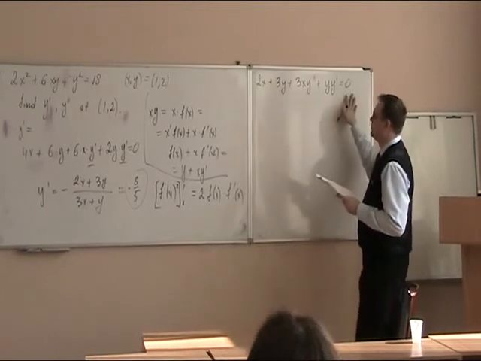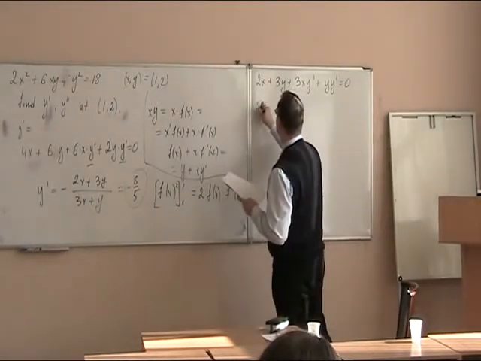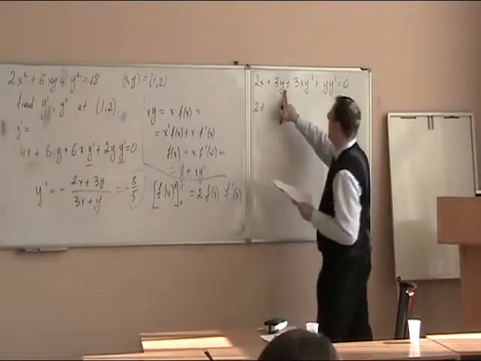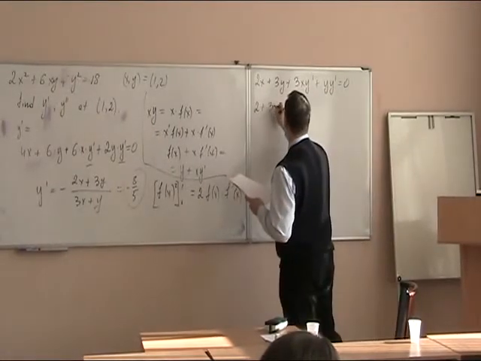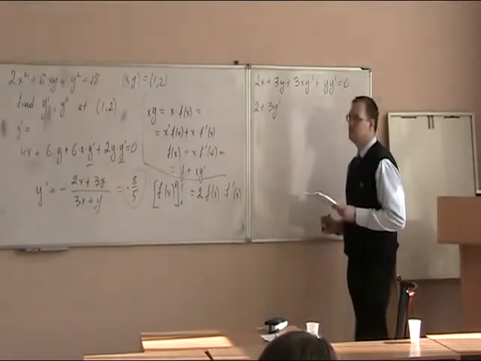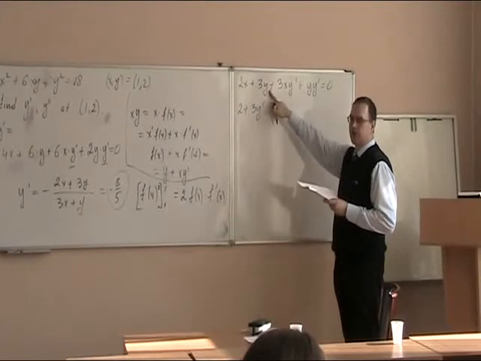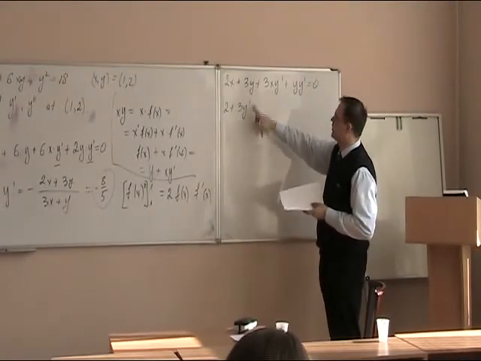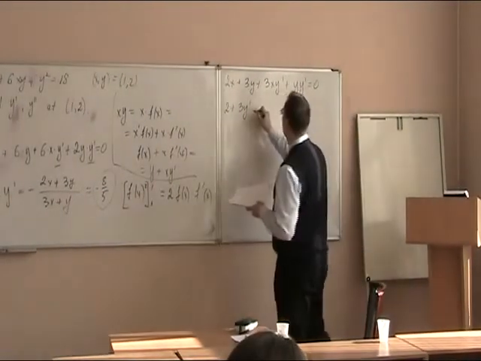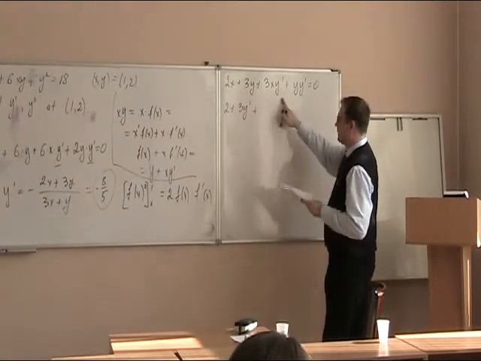Again, we differentiate with respect to x. 2x just 2, plus 3y, this is 3y prime, because y is a function of x, differentiating with respect to x equals y prime, plus, this is the complex function.